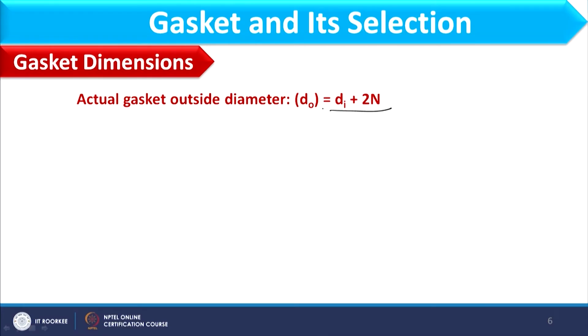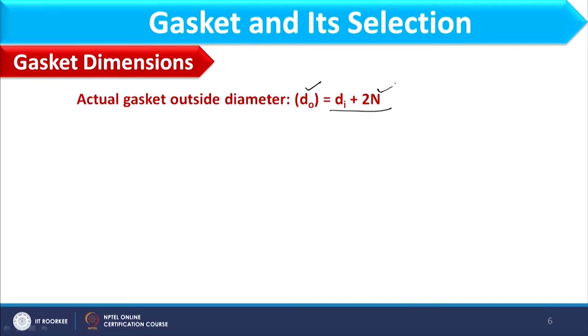So, once I calculate N, that is the minimum gasket width, we can further calculate the actual gasket diameter, and that would be DI plus 2N. Now, why are we using this diameter when the same diameter I used to find the value of N? Because N may be changed now. If the N value comes out less than the value available in the table which we discussed in the last lecture, then the N given in the table will be taken, not what we have computed.